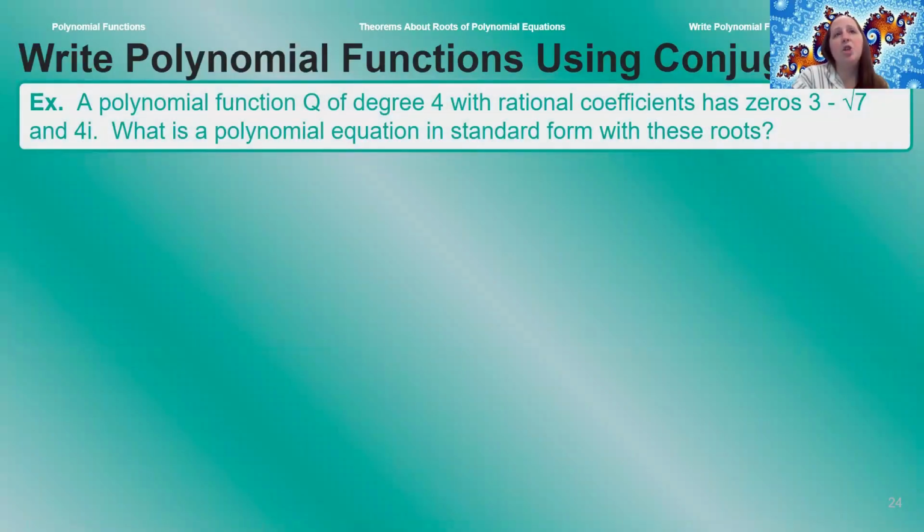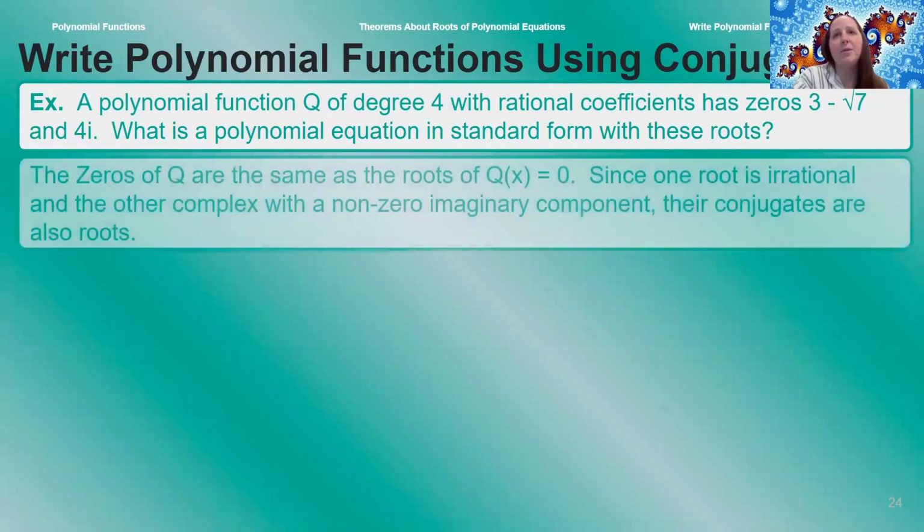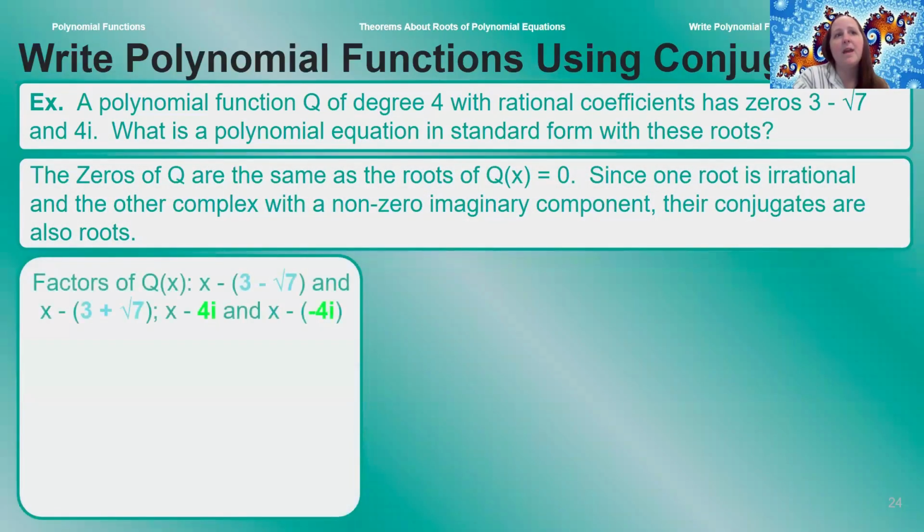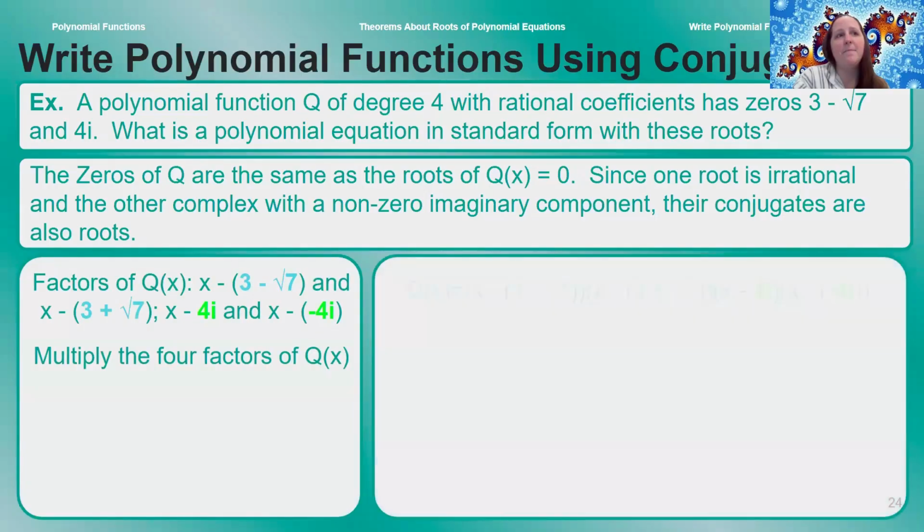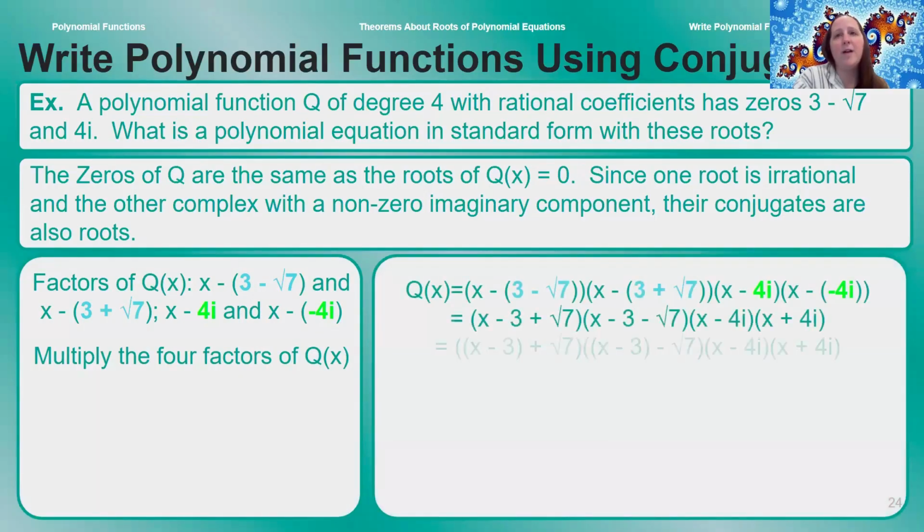So a polynomial function q of degree 4 with rational coefficients has zeros 3 minus square root of 7 and 4i. Again, I'm going to use its complex conjugates. So I have 3 minus square root of 7 and 3 plus the square root of 7, and 4i and negative 4i. I multiply all four factors together.